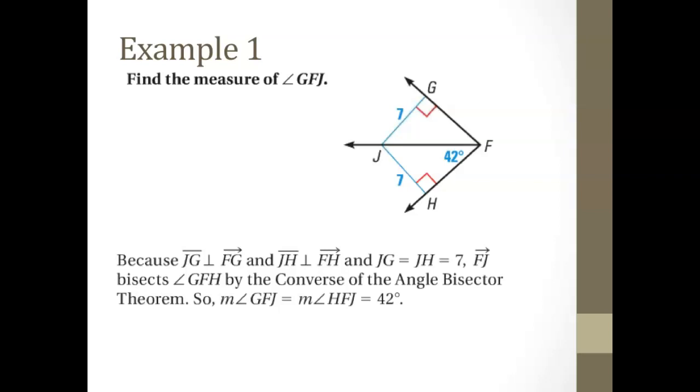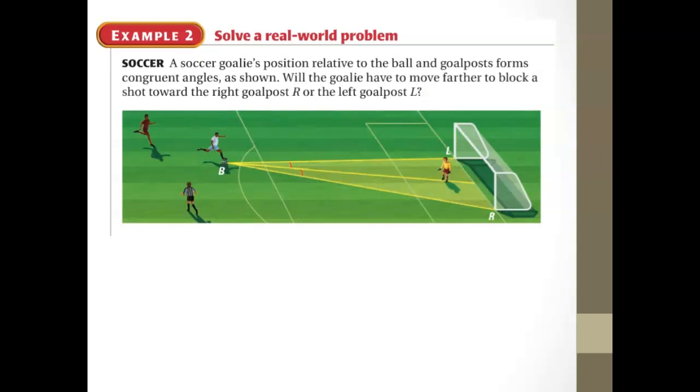All right, example 2. A soccer goalie's position relative to the ball and goalposts form congruent angles as shown. Will the goalie have to move farther to block a shot toward the right goalpost, R, or the left goalpost, L? Now, the congruent angles that you see there, marked in red, let you know that the goalie is in fact on the angle bisector of angle LBR.